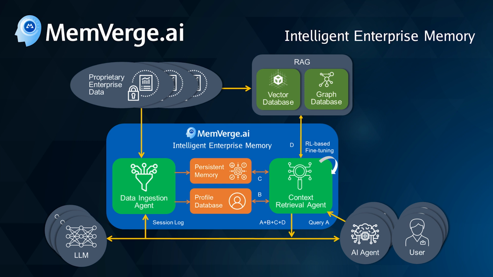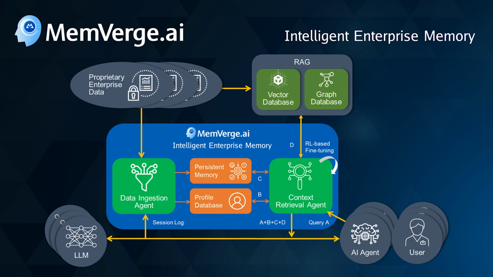Now when a query is coming between agents and foundational models, it's intercepted by another agent called the context retrieval agent. This context retrieval agent takes a query and intelligently retrieves the right information from the profile database, in particular all the personas that are related to this query, including whom the query is from. It will extract the right context from the persistent memory that's most relevant to this query.